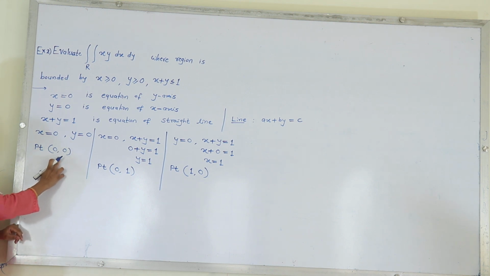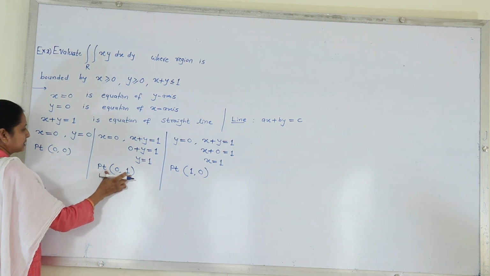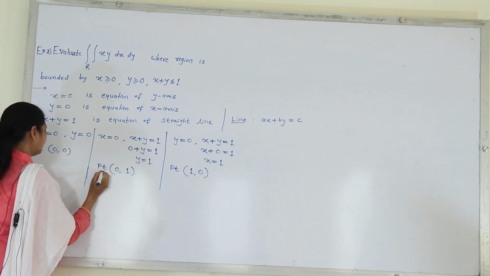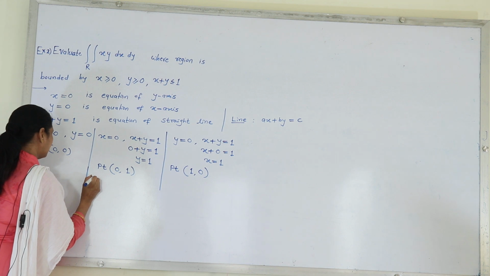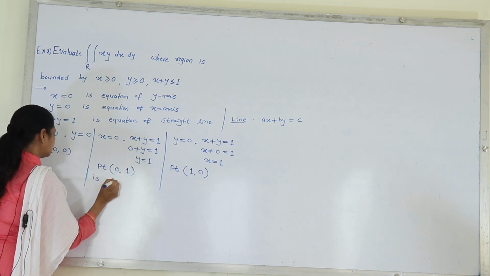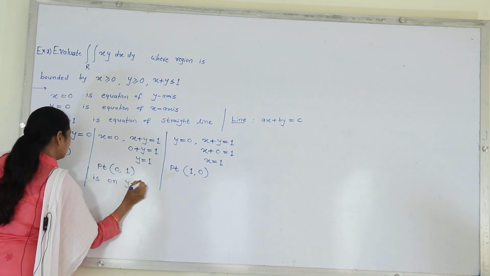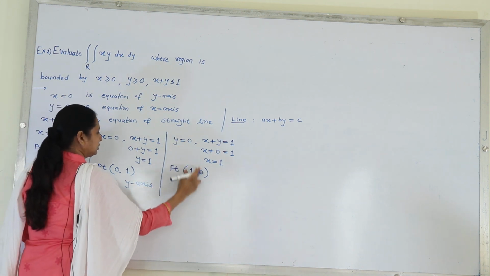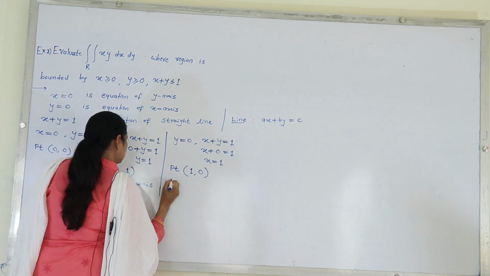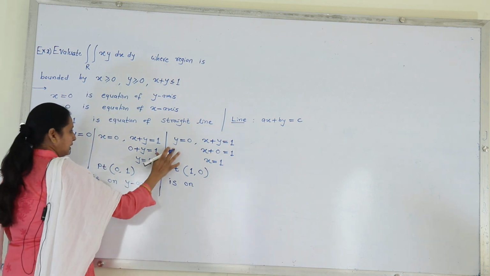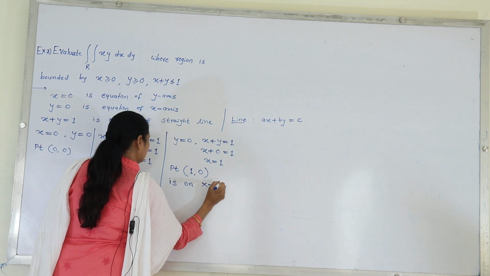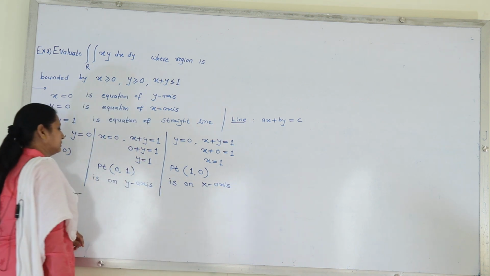Now 0, 0 is the origin. 0, 1: the x coordinate is 0, so on which axis? Y-axis. Therefore point 0, 1 is on the y-axis, because the x coordinate is 0 always on the y-axis. The point 1, 0 is on the x-axis, because the y coordinate is 0 on the x-axis.